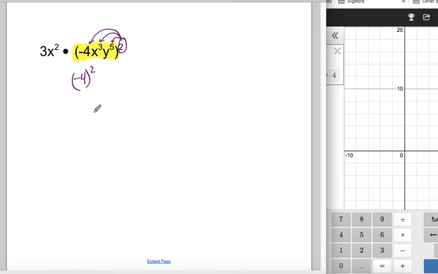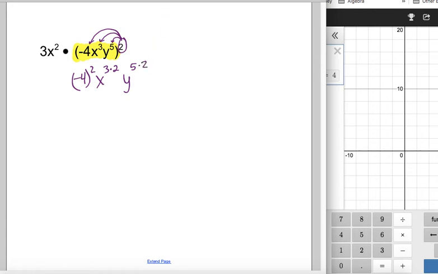So when we go into Desmos in a moment, we're going to need these parentheses. Then the x's, we have x to the power of 3, and then we are multiplying by 2 because this is power to power. And then for the y's, currently has a power of 5 and raised to the power of 2, so 5 times 2 there.